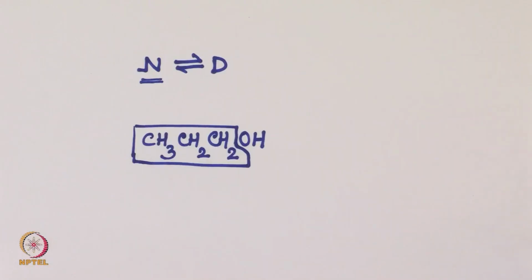Obviously, when protein is undergoing partial unfolding or unfolding, the hydrophobic groups are getting exposed and alcohol can interact more with the denatured state compared to the native state.